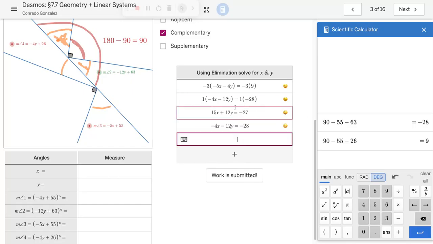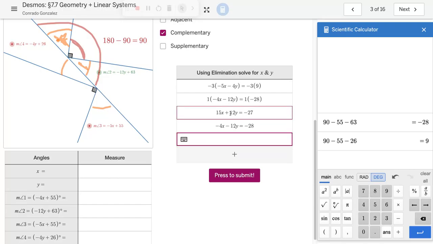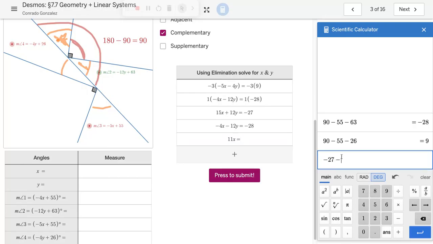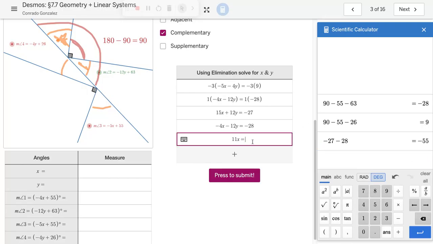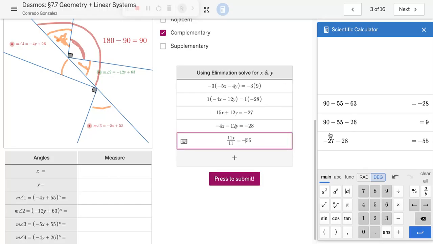Now I'm going to sum these equations, and 12 minus 12 equals 0, and that's what you want. So 15 minus 4 is 11x, plus 0 is equal to negative 27 minus 28, which is negative 55. Divide both sides by 11.